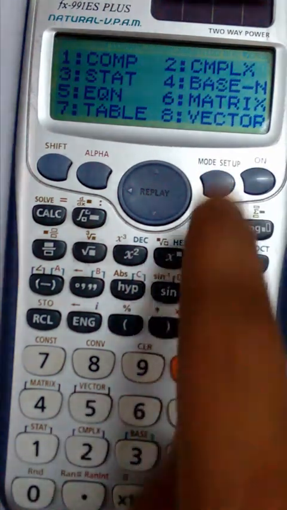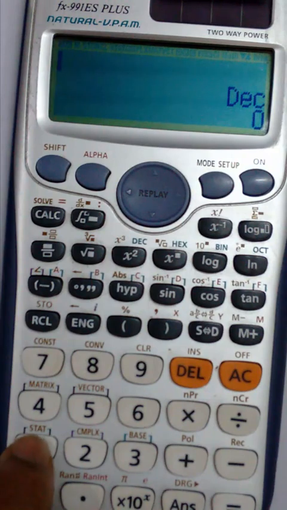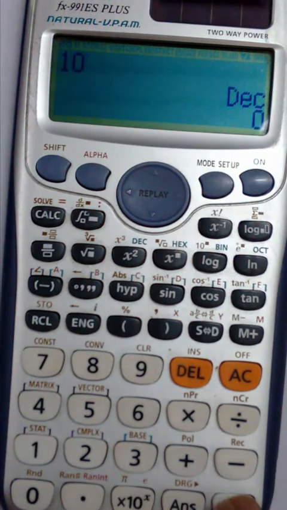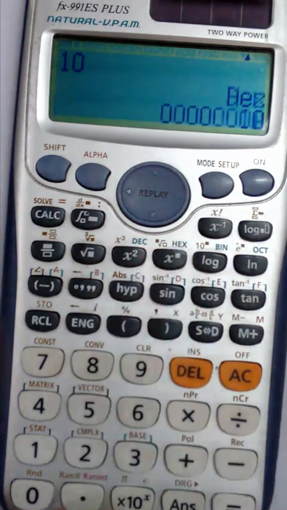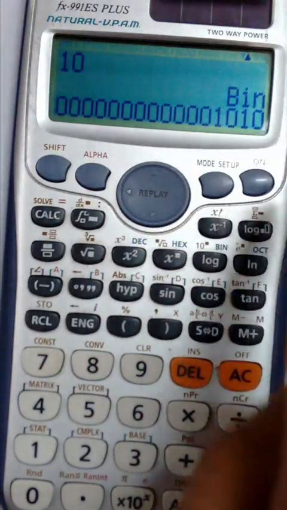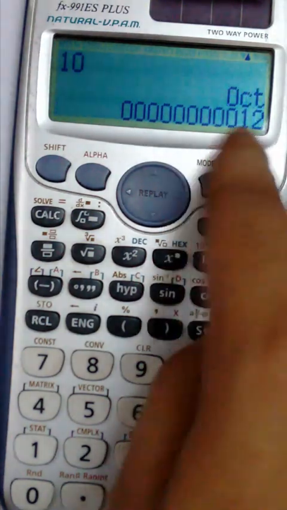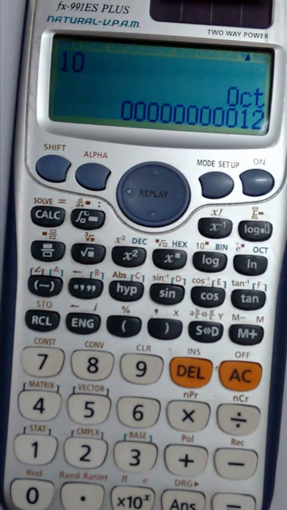You can see here 4 is the base, and suppose I want 10 as a decimal number and I have to convert it into hexa, then put the space hexa, you get this result as a hexa, then binary, you get this binary result. Then suppose you want this in octa, then this is the result in the octal system.